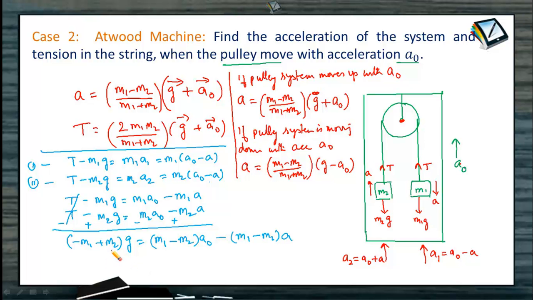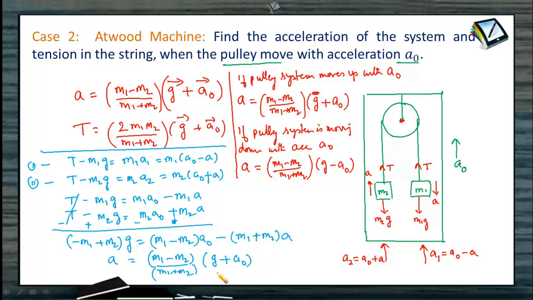I'll bring this term here and this term to this side. A is equal to M1 minus M2 divided by M1 plus M2 into G plus A0.